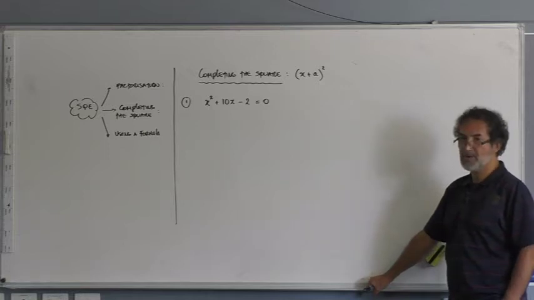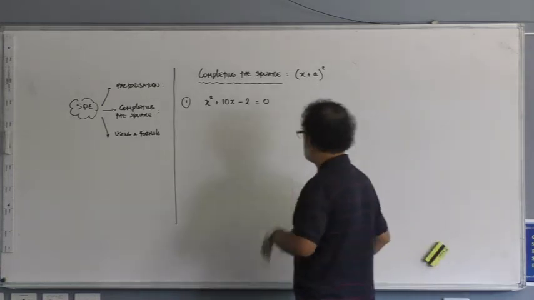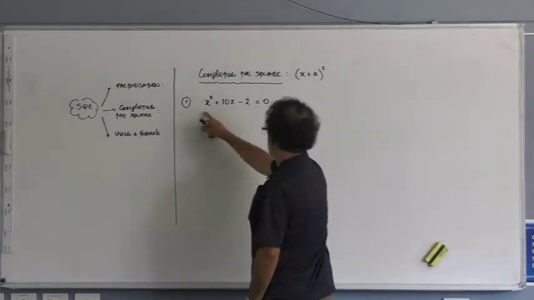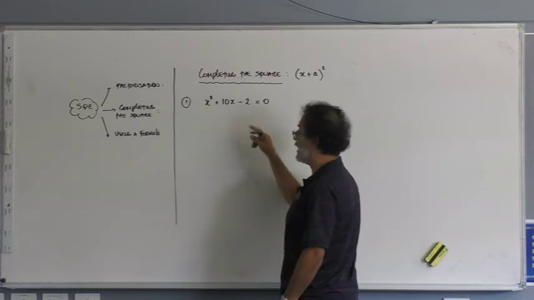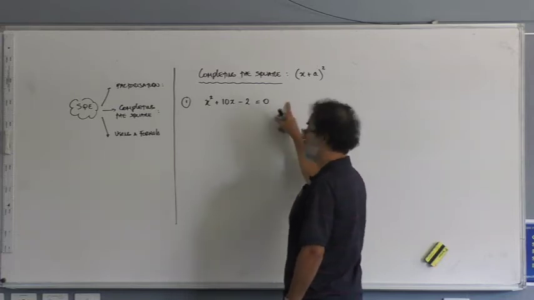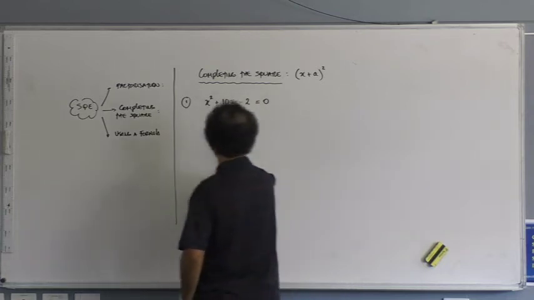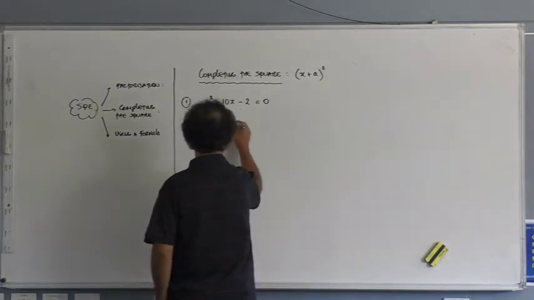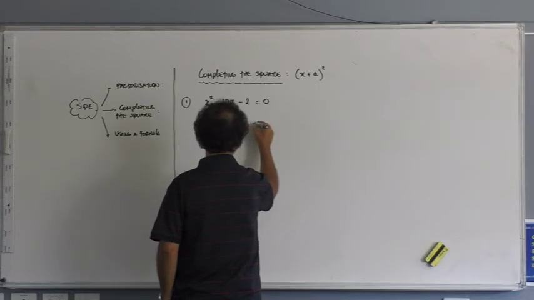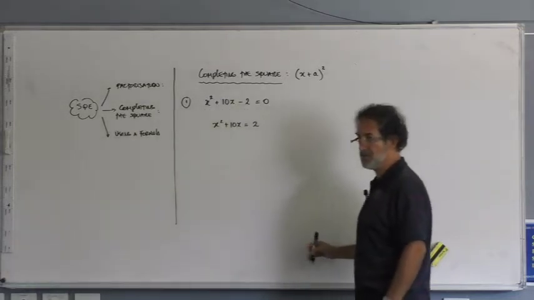Okay, so how are we going to solve the problem? Like this. Now is when you need to pay attention. Step number one: if you have a situation like this, you're going to move the constant to the right. So you're going to move this constant across. I mean that the next line should be x squared plus 10x equal to 2. That's the first thing that you're going to do.